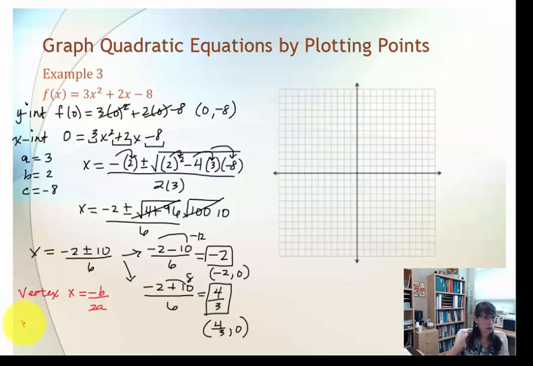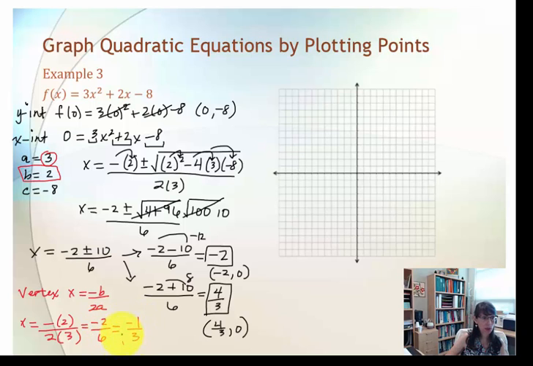So that means x is negative times b. Well, we found b already up here, so that would be negative times 2 divided by 2 times a. A was positive 3. So it looks like negative 2 over 6, and always reduce these fractions if possible.